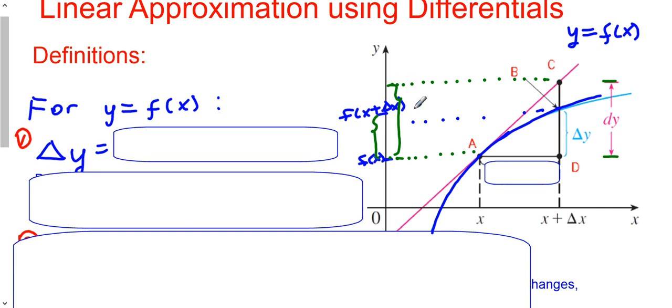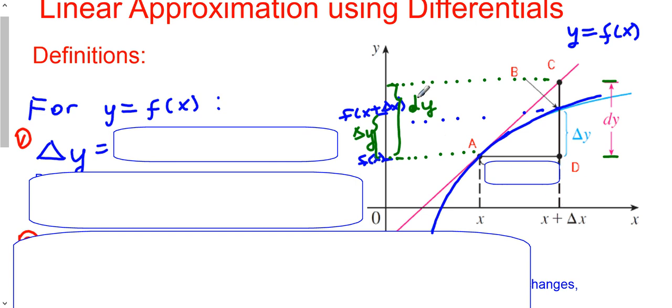And so dy is going to be used to estimate delta y. So dy over here, delta y over there. Delta y is how much the actual function moved in the y direction when you went from x to x plus delta x. Dy is how much the tangent line moved in the y direction when you went from x to x plus delta x.